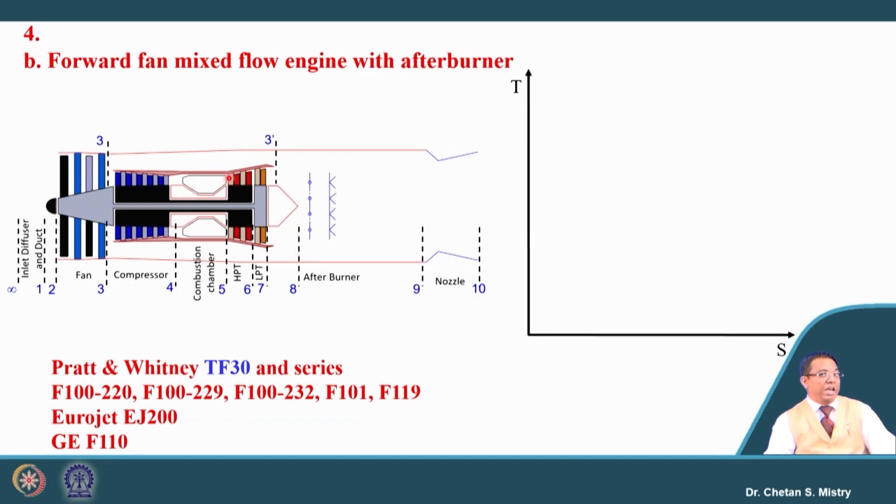If I have my turbine entry temperature higher, I have difficulties in terms of metallurgy, or at the same time I need to go with new technologies in terms of blade cooling, and that is more challenging. Okay.